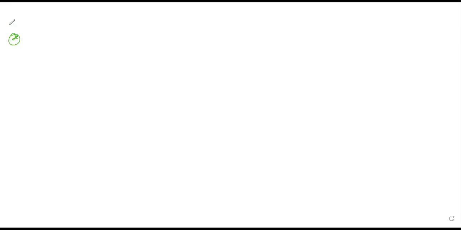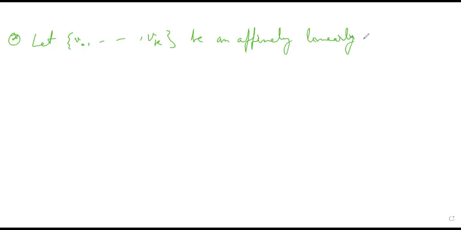Next definition. Let V0, V1, and so on, Vk be an affinely linearly independent set of k plus 1 points in Rn.